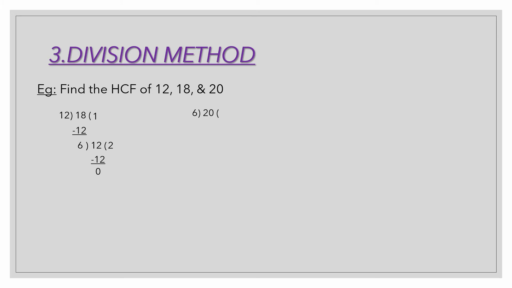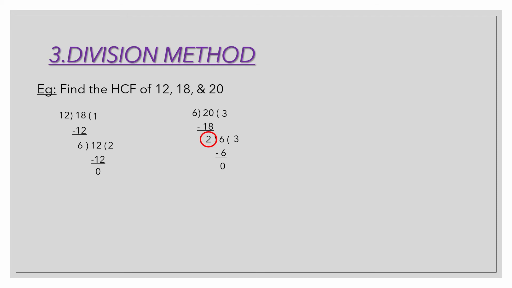Now take the third number and divide that by the divisor 6. 6 threes are 18. Your remainder is 2. Now take the same divisor as a dividend and what remainder you got, you take it as a divisor. 2 threes are 6 and your remainder is 0.